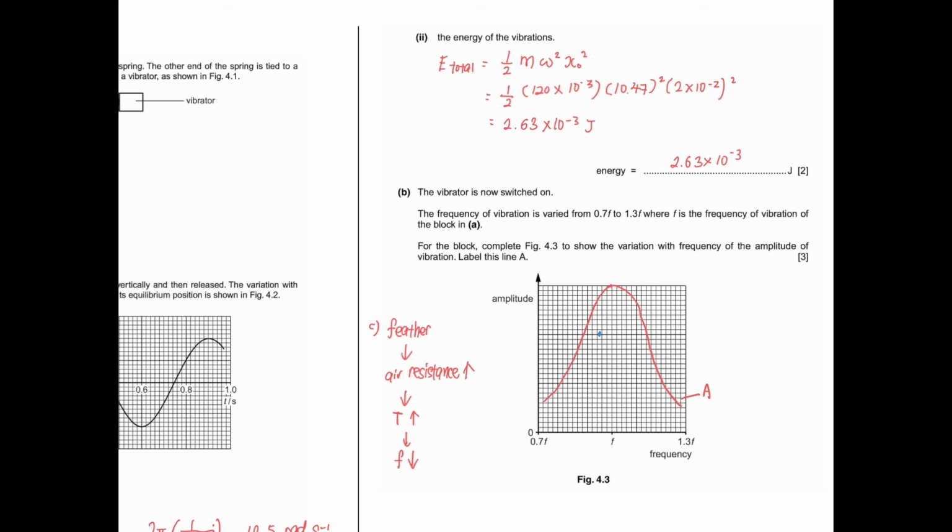What value, they don't really mind, as long as you know the frequency is lower. And if the frequency is lower, the graph will shift to the left, the peak will shift to the left, and then the amplitude will get lower all the way. So it's always lower than the original one. So it's something like this, and this is called B. Just like that.